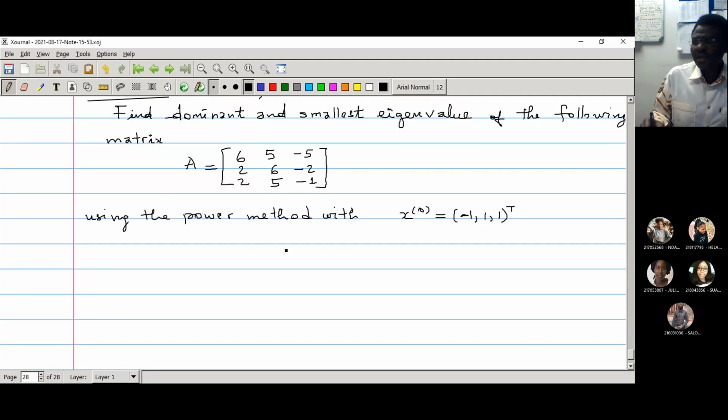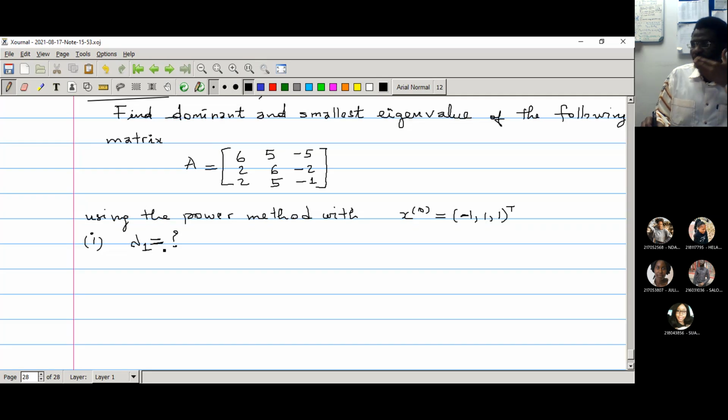Okay, so first, lambda 1. For lambda 1, as you know, we construct the sequence. We can use the two methods: the one I described in class, and the latest method, when we construct the C case and the X case.